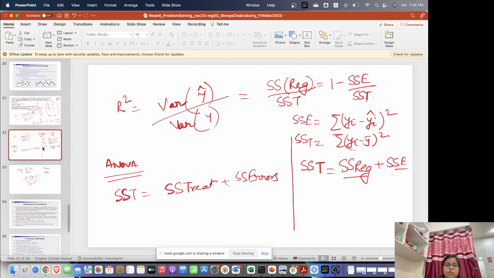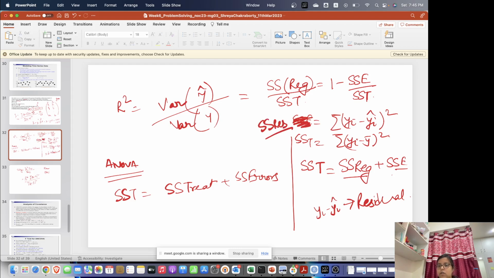This quantity yi minus y hat is what we call a residual. So it will be wise to call it sum of squares due to residuals.